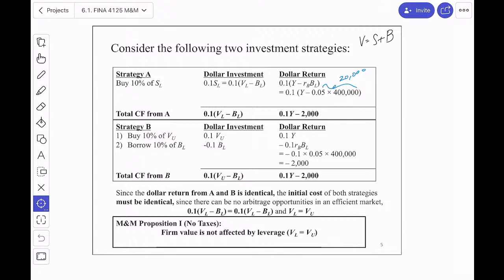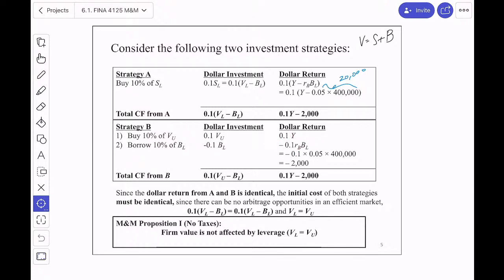what would be the dollar return? It would be 10% of the dollar return to the firm, less what has to be paid back.